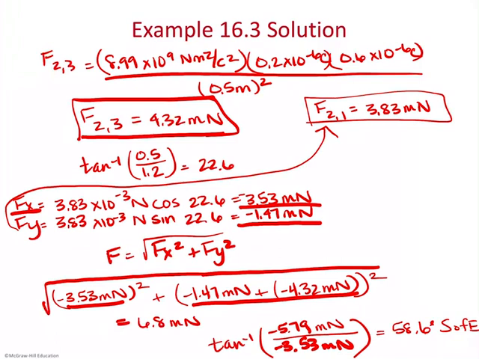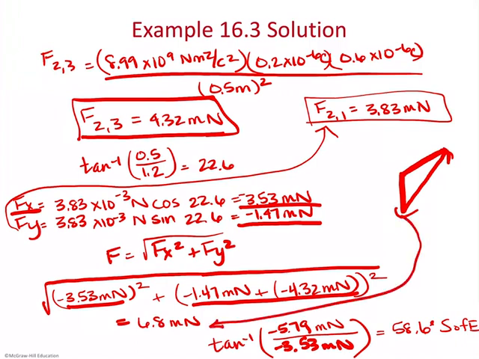Okay, so when I drew that picture before, I said it was like going like this, and then you had that charge 1 to 2, and then charge 2 to 3, and then you're finding that force. That force right there is that number. This angle right here, if this was your coordinate system, this angle right here is 58.6 degrees. Okay? So, well, and it's really like this.